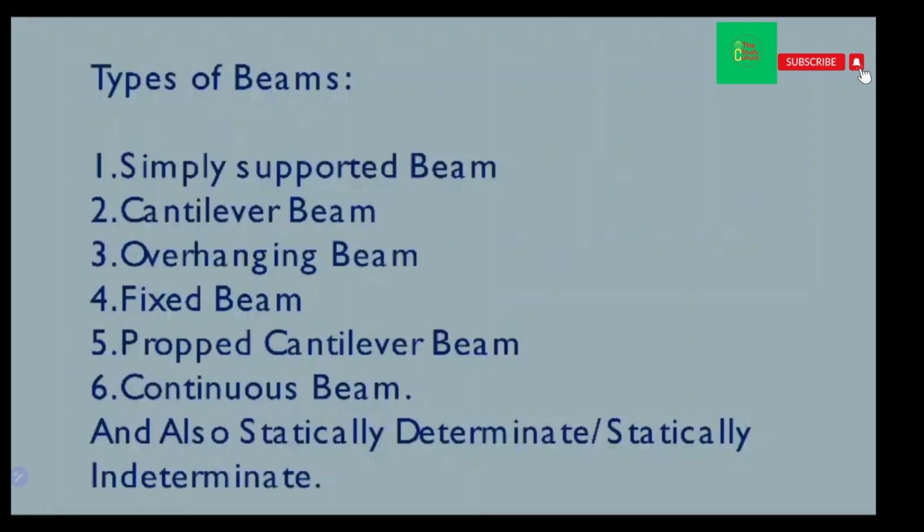Types of beams. There are 6 types of beams, classified as statically determinate and statically indeterminate beams.